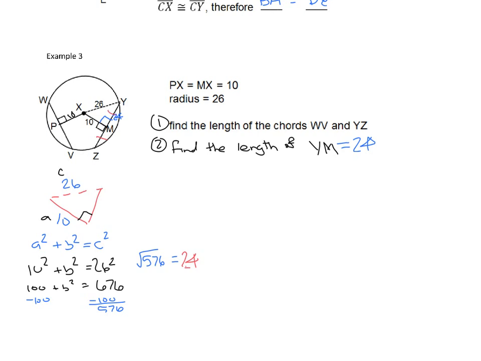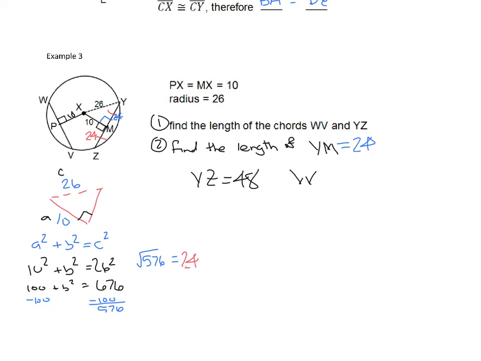It's going to be two equal parts. So therefore, if YM is 24, then ZM must also be 24. So we know that chord YZ is equal to 24 plus 24, which leads us to 48.